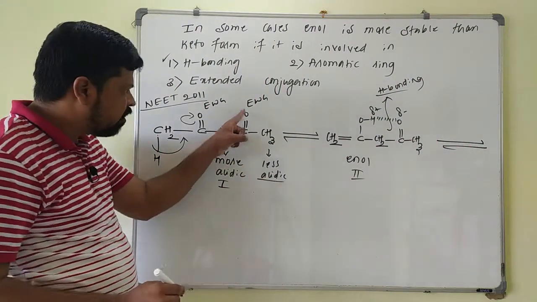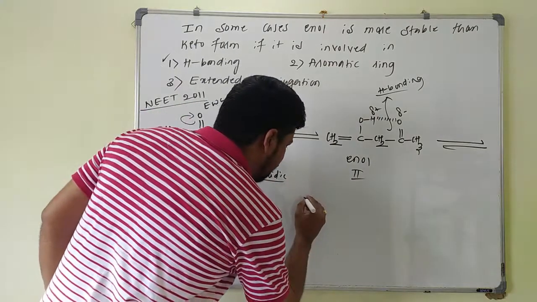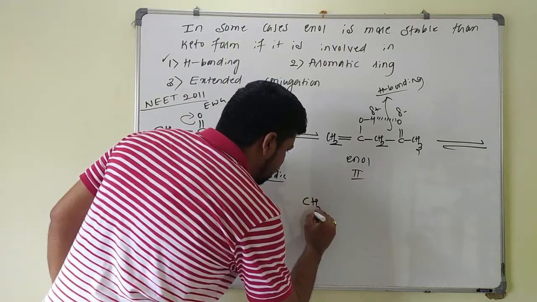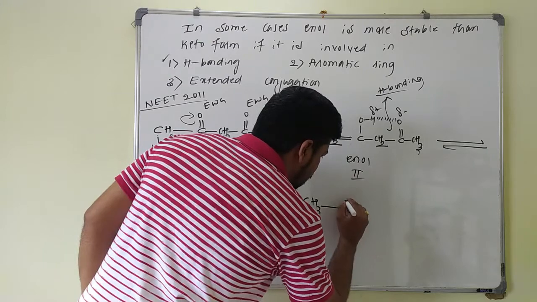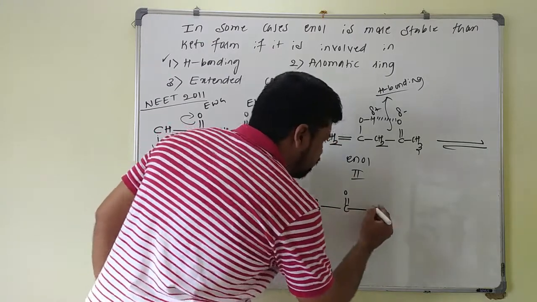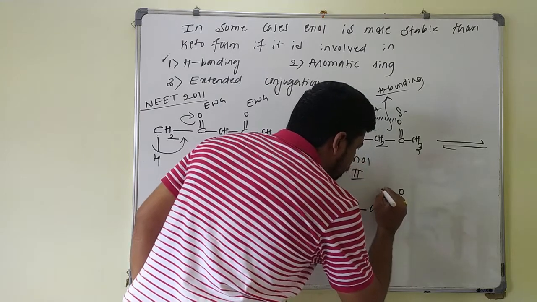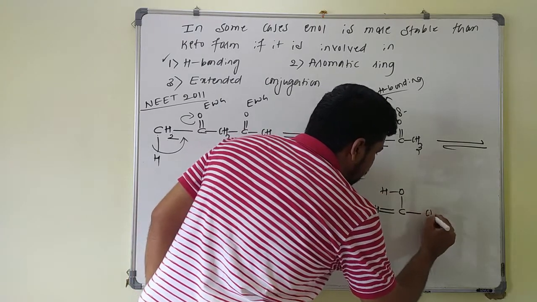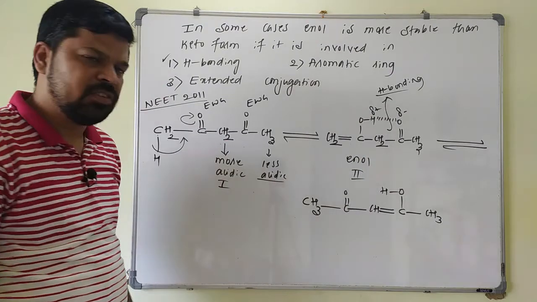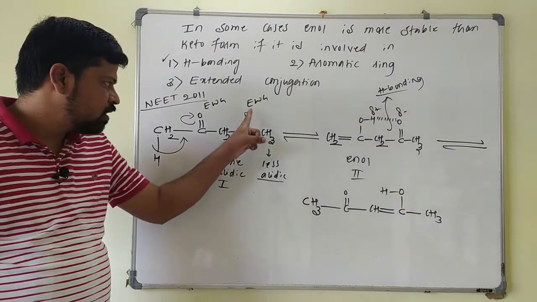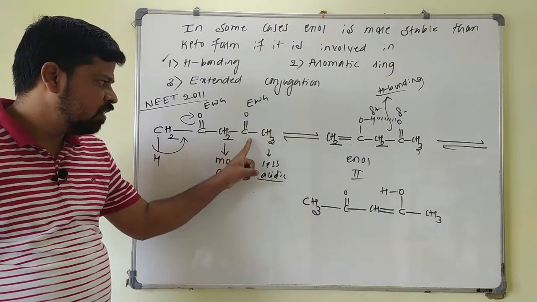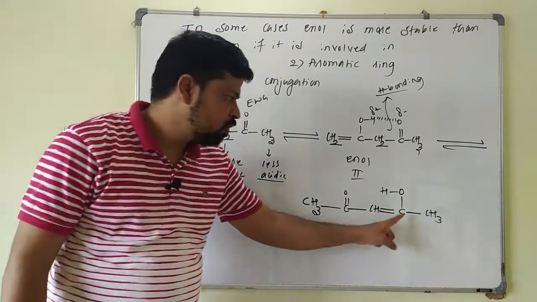Now if I shift this hydrogen atom here, what is the structure you are getting? This CH3 as it is, C double bond O as it is, this will be CH double bond C OH, and this will be CH3. Now see here, what I have done, this hydrogen atom is shifted here so that we get a double bond between these two, and this becomes OH here.